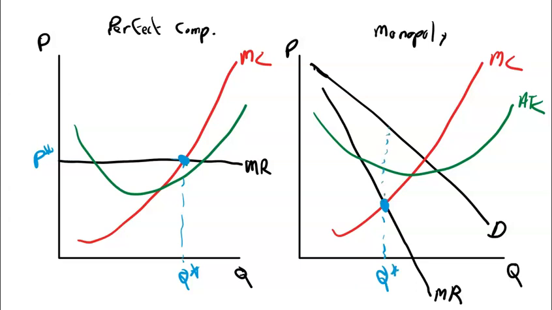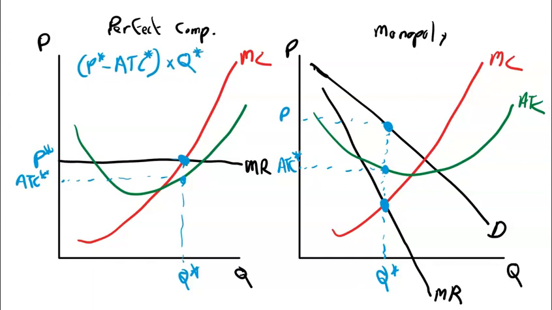But now we go up to the demand curve to find the price. ATC is again at Q star, which is ATC star. Again, from Q star, we go all the way up to ATC to find our ATC star. And then we calculate the profit the same way. So the profit is going to be P star minus ATC star times Q star. Same with monopoly, P star minus ATC star times Q star.